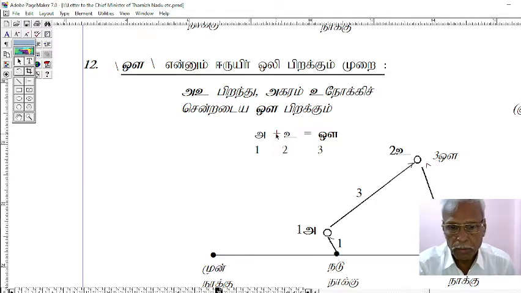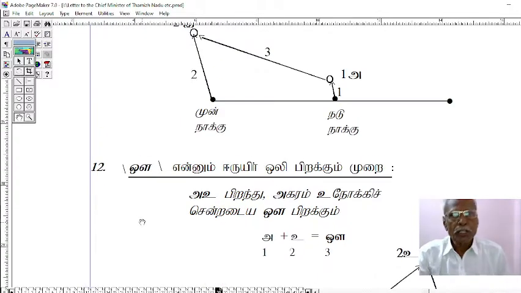A plus U, au. This is the way the two diphthongs are formed.